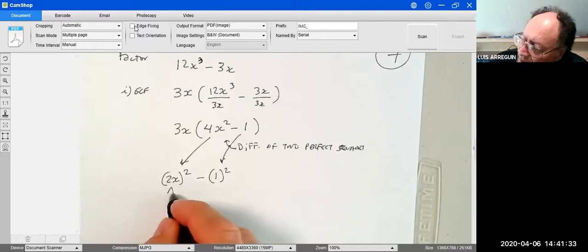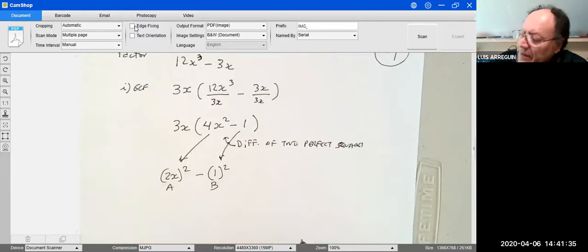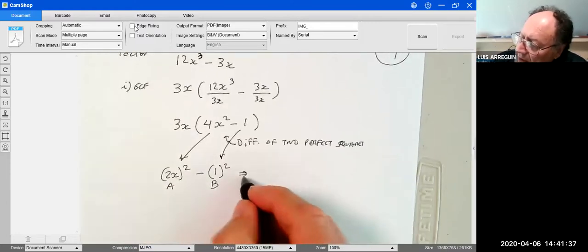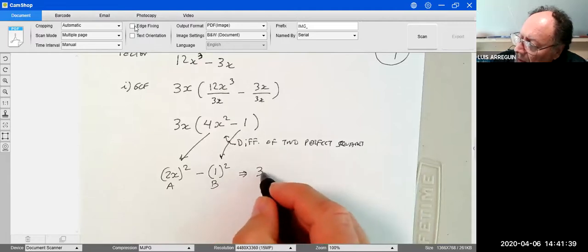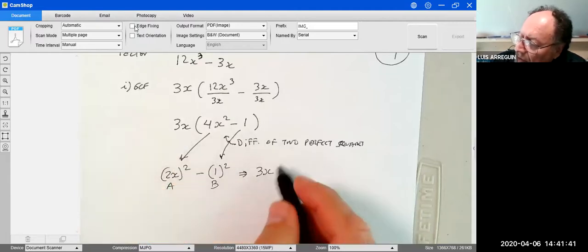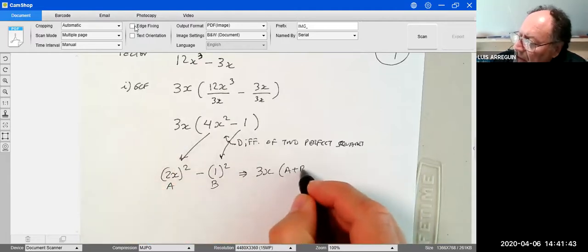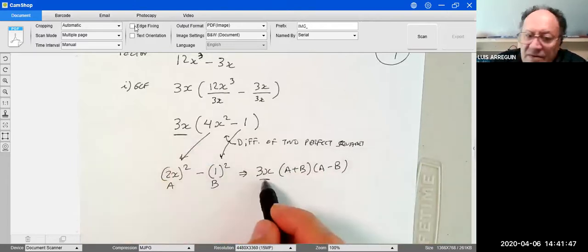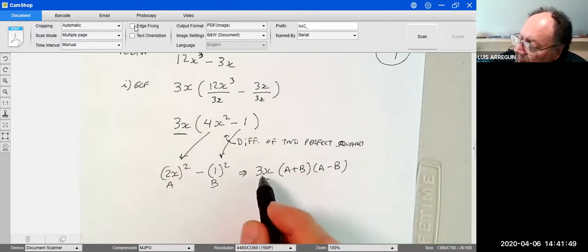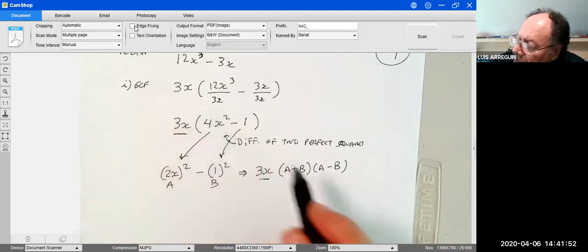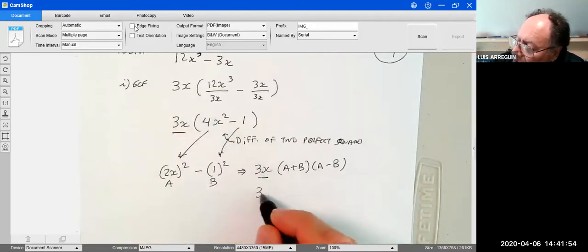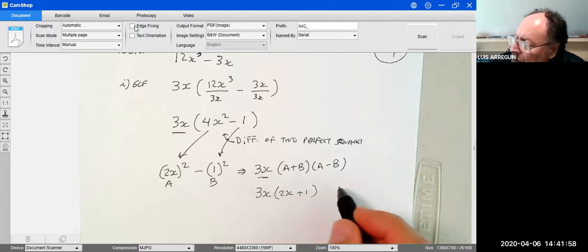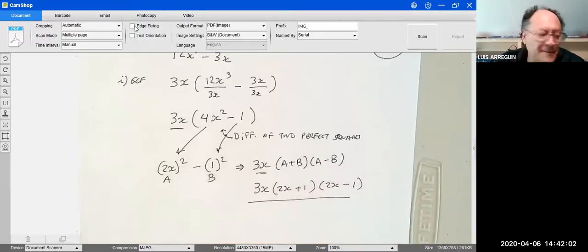So this is A and this is B. So you're going to write this as A. Don't forget your greatest common factor, 3x, then A plus B times A minus B. So don't forget this, because this greatest common factor was obtained from the first step. So you're going to have 3x, A is 2x plus B, which is 1, then 2x minus 1.